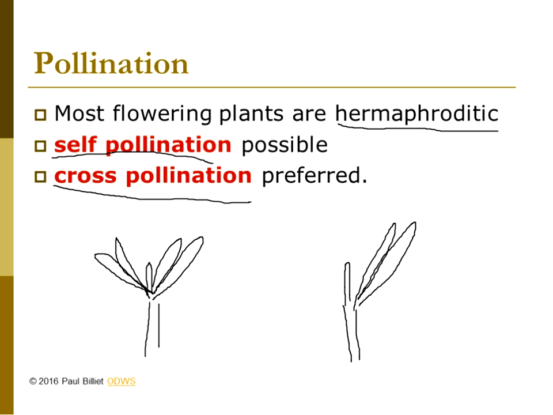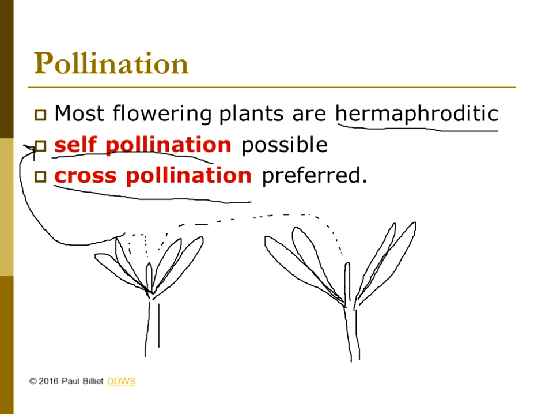Same species, they look similar. Okay, if the pollen transfers on the same plant, that's called asexual reproduction, or that's also called self-pollination. But if that pollen transfers over to another flower to pollinate, that's called cross-pollination, or sexual reproduction.